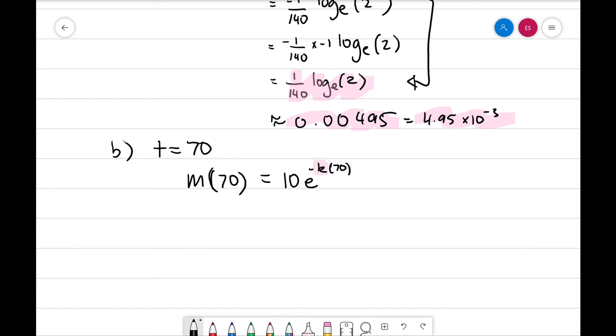And what we can do is actually, no, we can write it down. It won't be too bad. They've made the question nice for us. We'll write this form down here. So we've got minus 1 on 140 log to e 2 and then times by 70. So they've been quite nice to us.